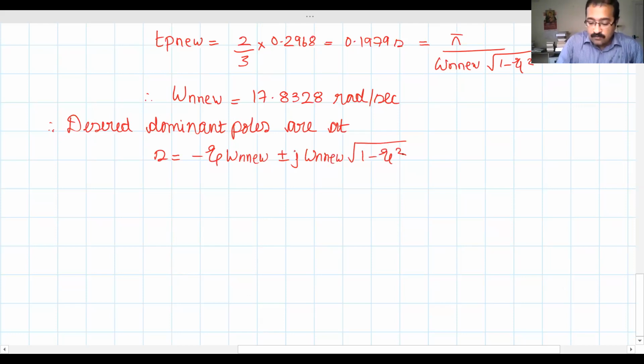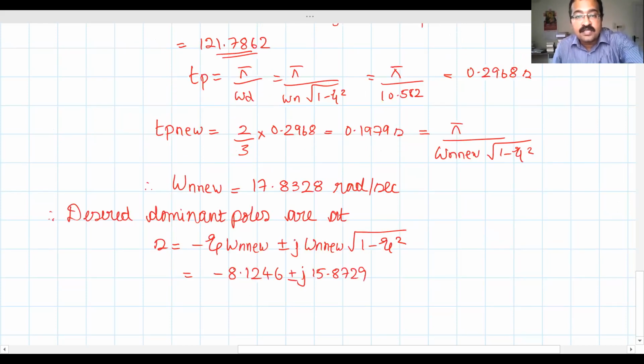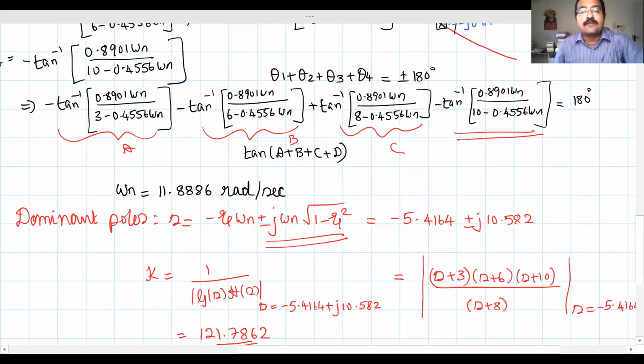Omega n new value we have just now found out. Zeta value we know, 0.4556. Just substitute. So your desired dominant poles will be at minus 8.1246 plus minus j 15.8729. What were the original dominant poles? They were at minus 5.4164 plus minus j 10.582.